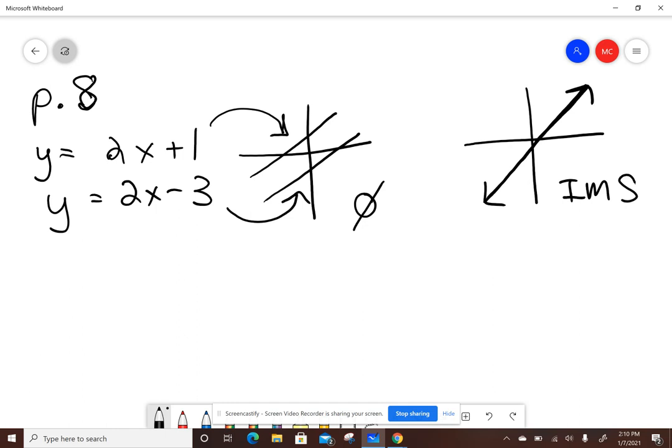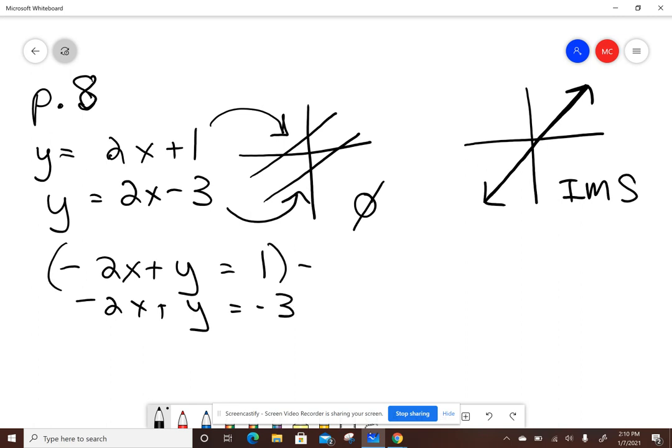But what would it look like if they were given to us like this and we were just told to solve? Well, if you're just told to solve them, you'd probably try to solve through elimination. I would look at this and say, okay, I'm going to multiply this whole top equation by -1. So I get 2x minus y equals -1.